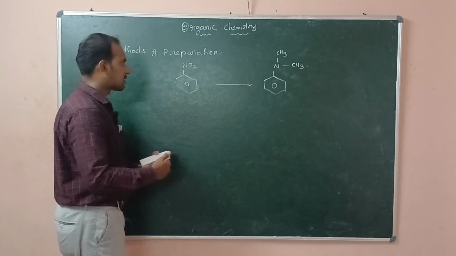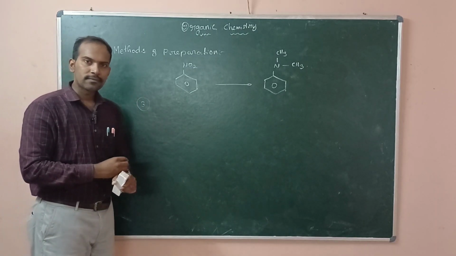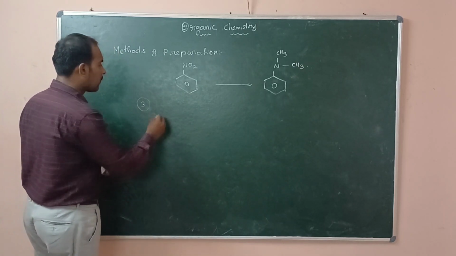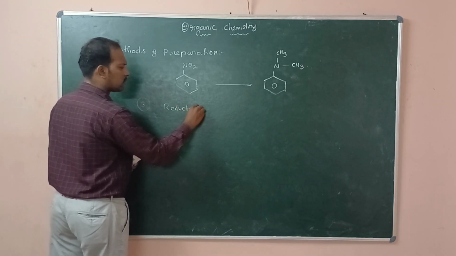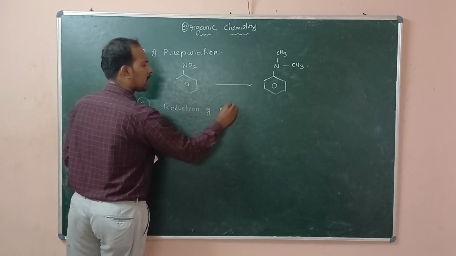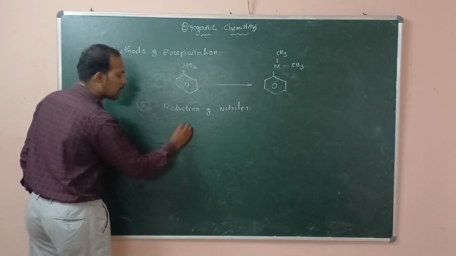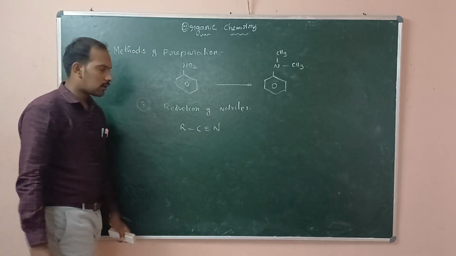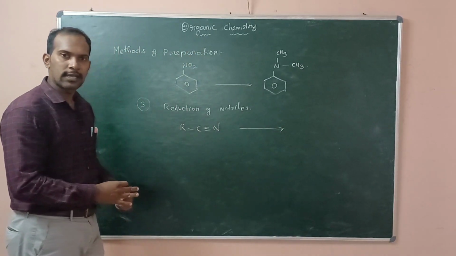Okay, thank you. And the third method of preparation is reduction of nitriles. So in reduction of nitriles, here we have C triple bond N. Nitriles are otherwise called cyanides.